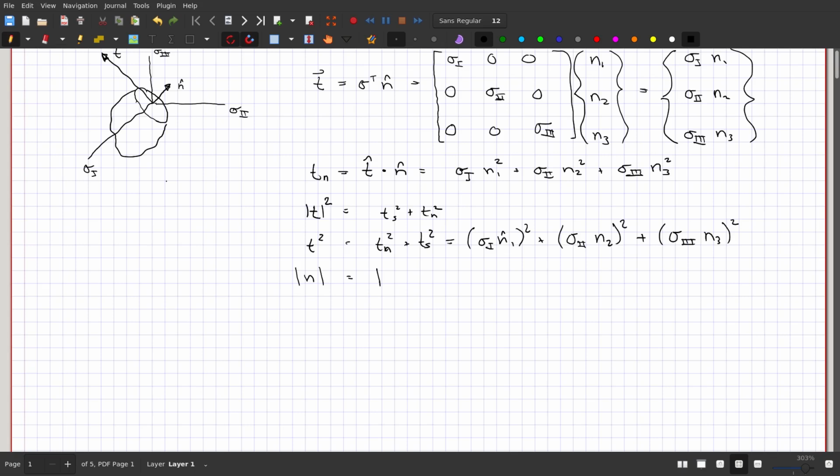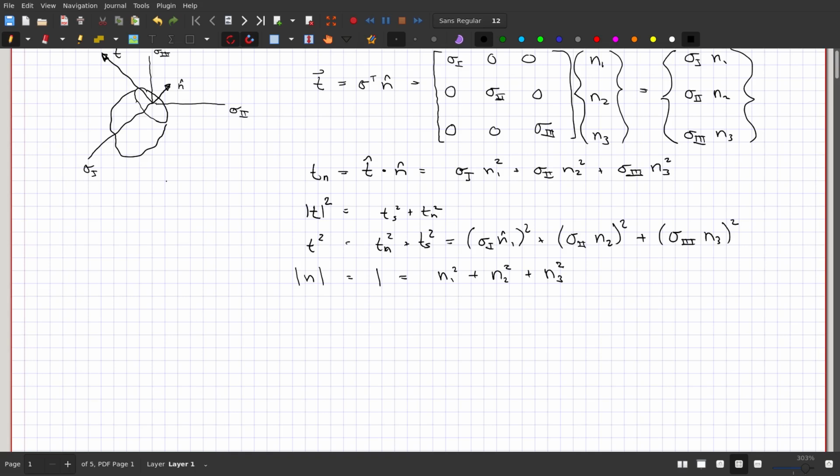And so that's n1 squared plus n2 squared plus n3 squared.